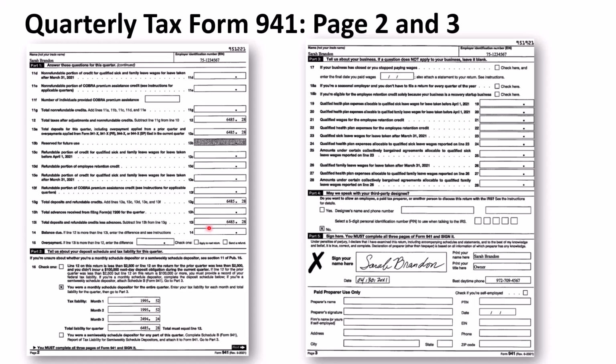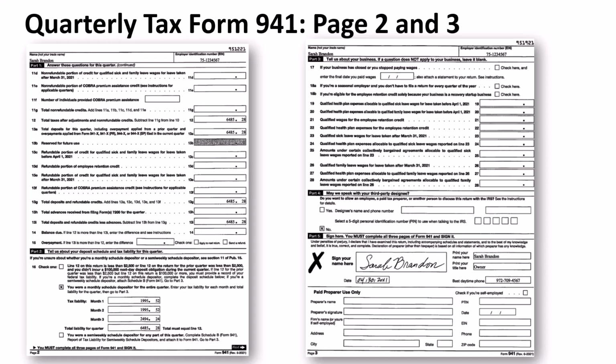In Part 2, the employer enters the tax liabilities by month, in this case $1,995.52 for month 1, month 2, and $2,494.24 for month 3.